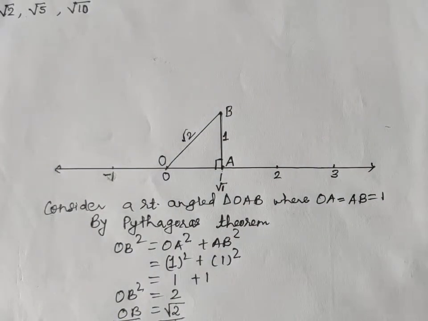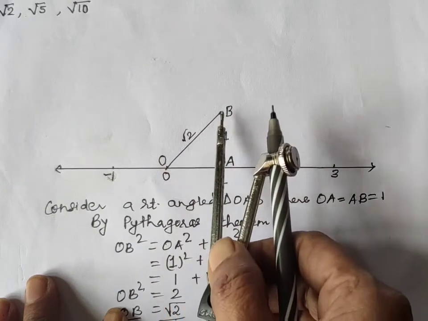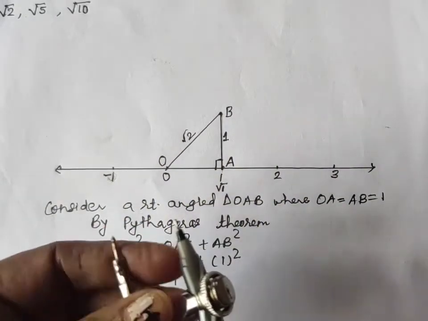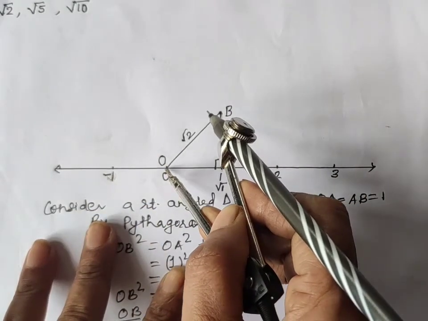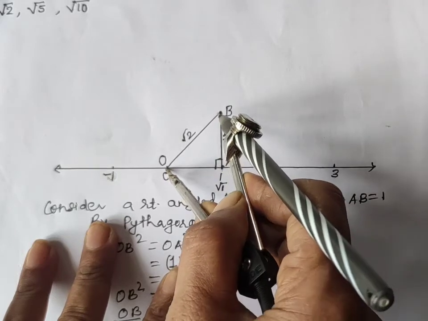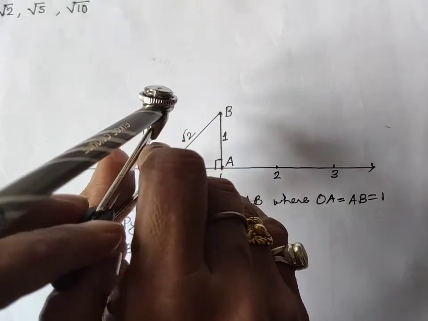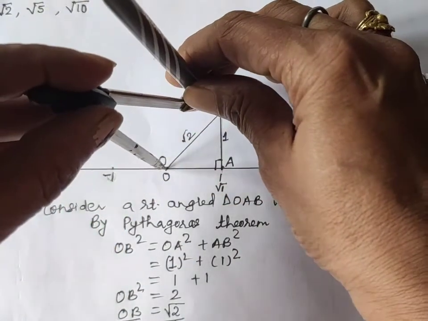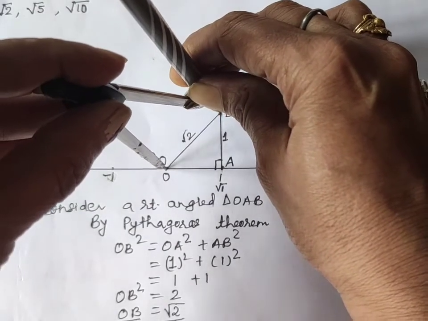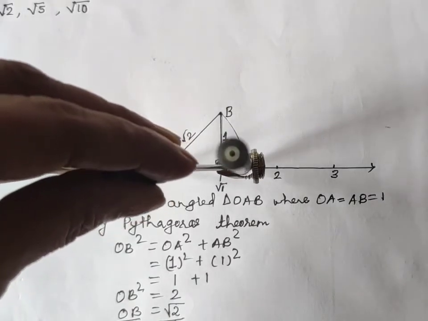Now you have to draw an arc with point O as center and OB as the radius, which intersects the line AB at point, suppose, C. This is the radius I have taken, OB, and now you draw an arc which intersects this line.